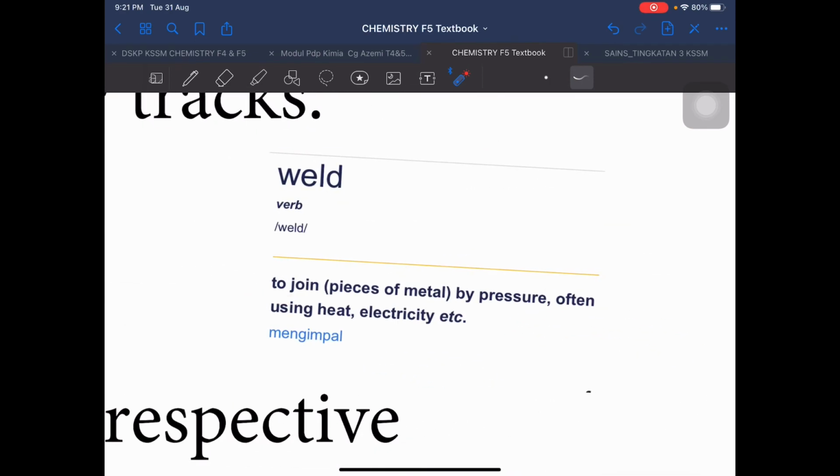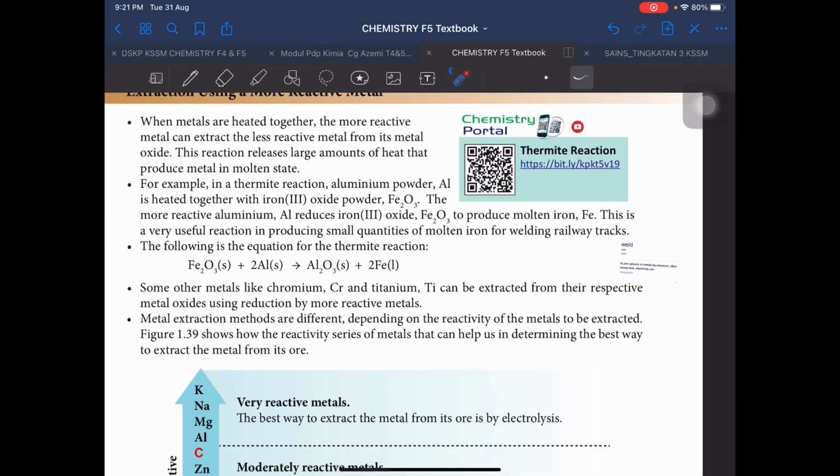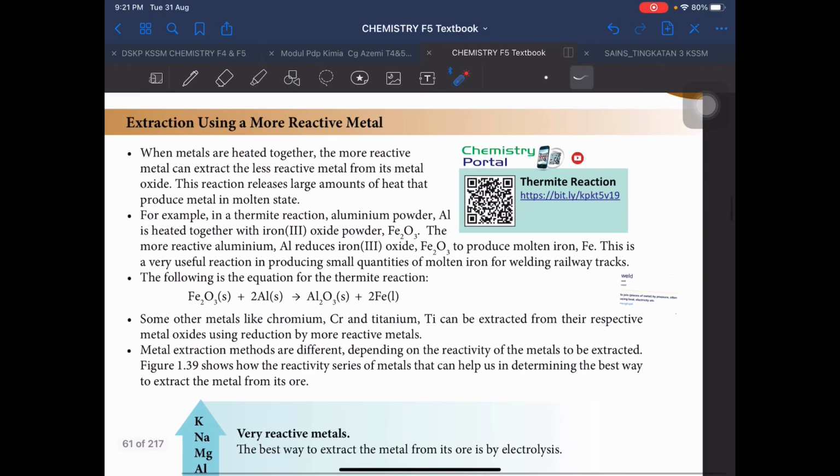Welding is to join pieces of metal by pressure, often by using heat, electricity, etc. Okay, jadi welding tu adalah kita mau combine dua jenis metal together. Dalam bahasa Melayu, mengimpal, kimpalan. I believe you have heard this one lah. Okay, so termite reaction sebenarnya adalah contoh how to extract less reactive metal by using a more reactive metal.